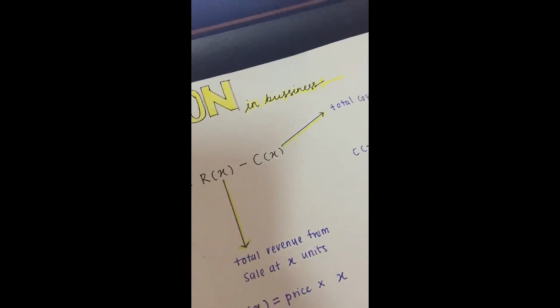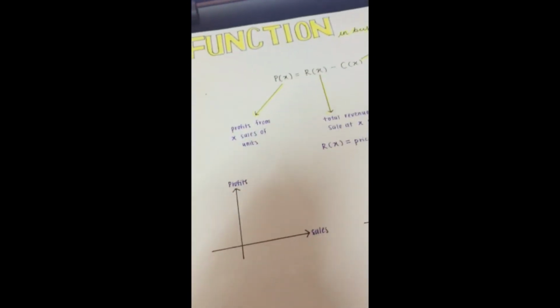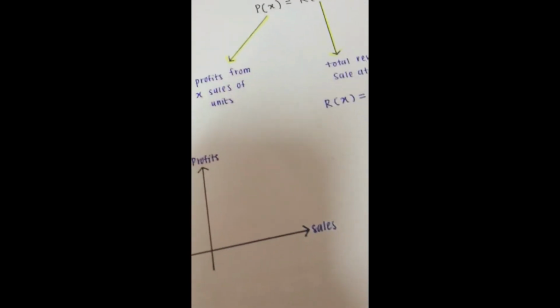From R(x) we then subtract C(x), which is the total cost of production and sales of x units. We find C(x) by adding the total fixed cost plus the average variable cost per unit times x. Basically x is the quantity. From the equation we can get two graphs, which are the profits and sales graph and the profits and year graph.